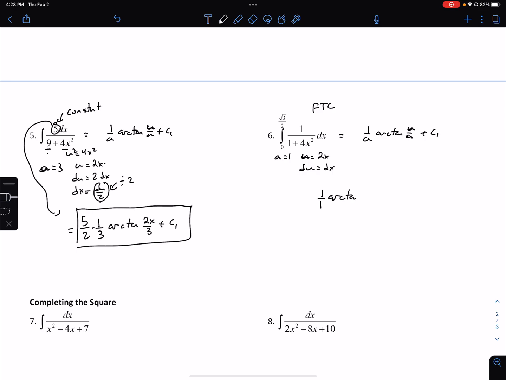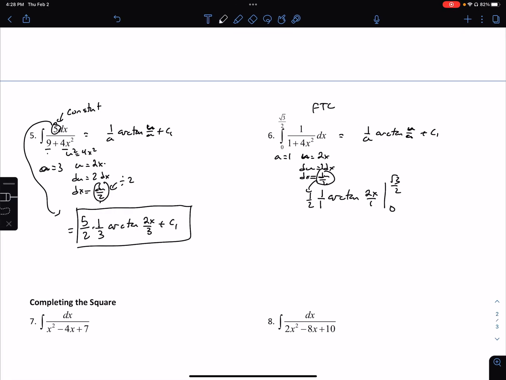The arctangent u over a, whoops, that's 2 dx, so sorry, I forgot my dx is du over 2. Sorry about that. Arctangent u, which is 2x over a, plus, whoops, this is an FTC, so we don't need that plus sign there. And just don't forget that 1/2 on the outside. And we're going to evaluate this from 0 to root 3 over 2.